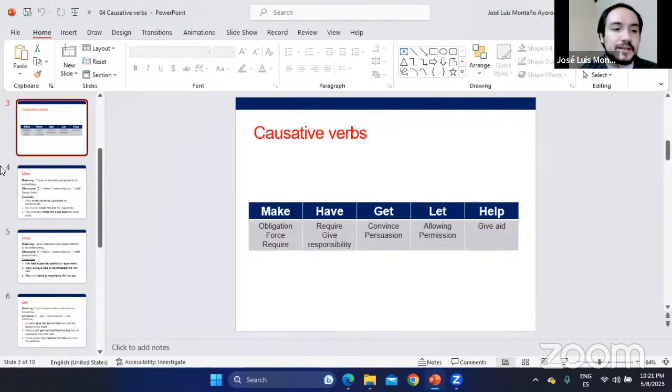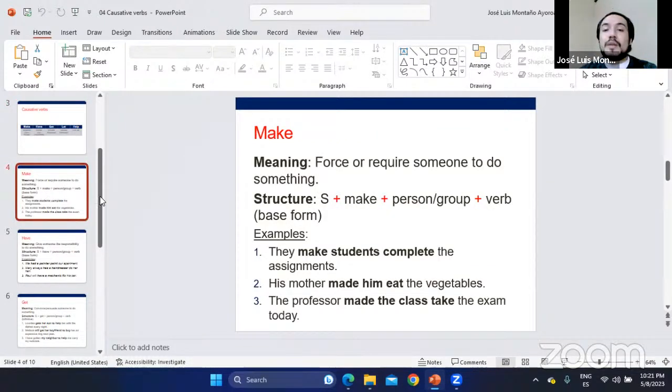All right. Now, with make, we said that make is the strongest of all these causative verbs, meaning to force or require someone to do something. But remember that in the structure, we have to use the base verb.